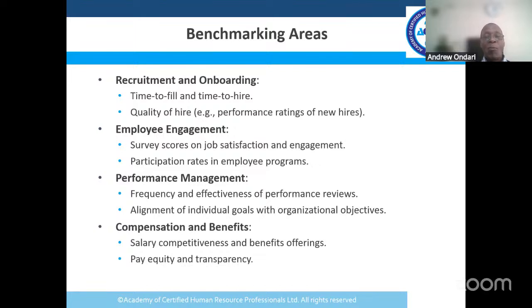Then another area of benchmarking is performance management. So what do we look for in performance management? One is the frequency and effectiveness of performance reviews. This again depends on your policy.